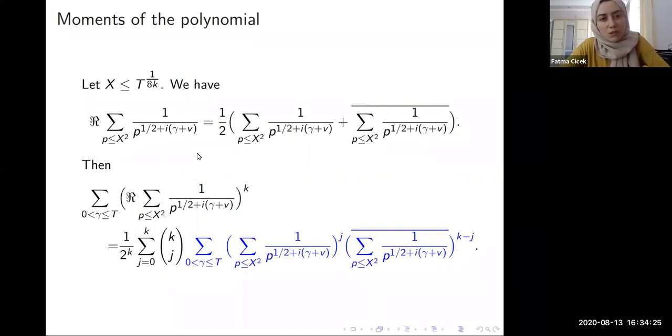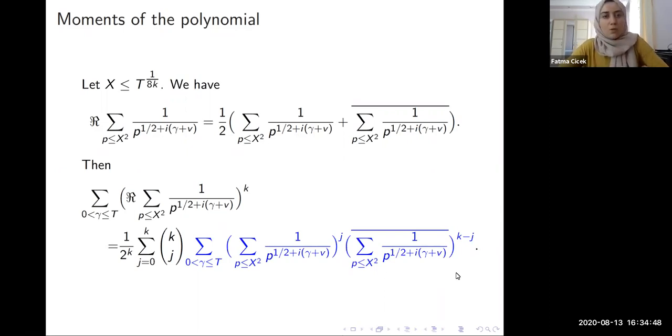This is just that the real part of z is the average of z and z bar. And once you write that down and take the k power, you see that you will have some combinatorial coefficients. And then you will have this blue term here. So for each j, if you compute this blue term, then you will be done.